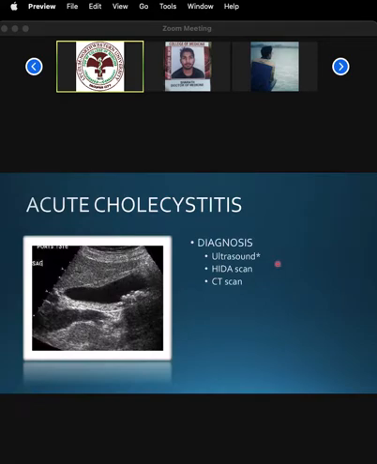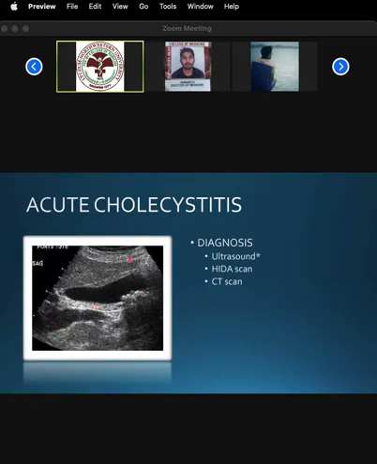Diagnosis, the same. Ultrasound is the most useful, it's the gold standard there. It has a 95% sensitivity and specificity. It will usually show a thick-walled gallbladder with pericholecystic fluid, okay?